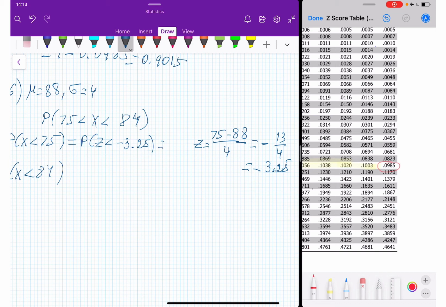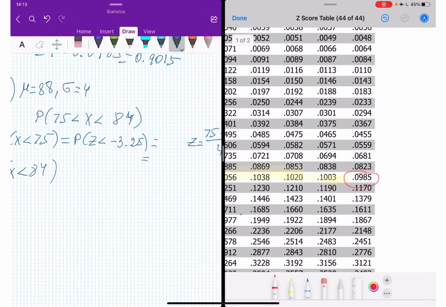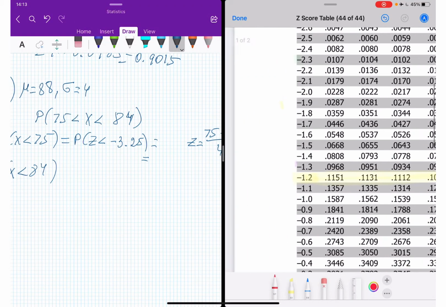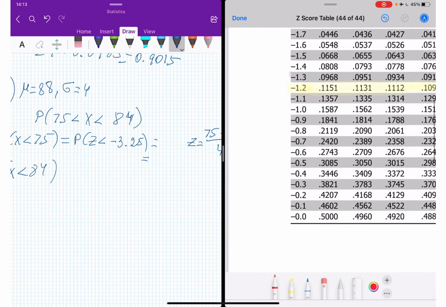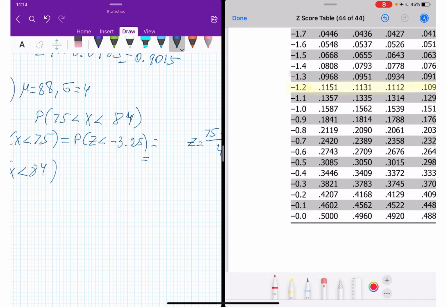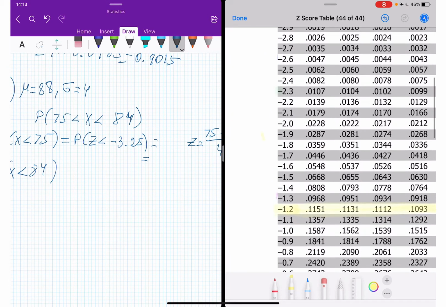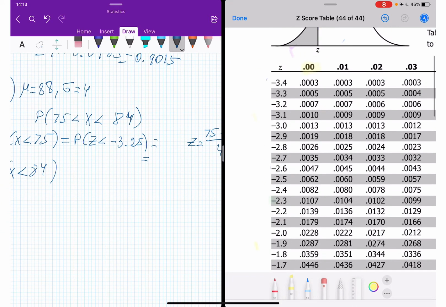How much is it? Let me move this. This is going to be 3.25. Here it is, 2.5, which is coming here.